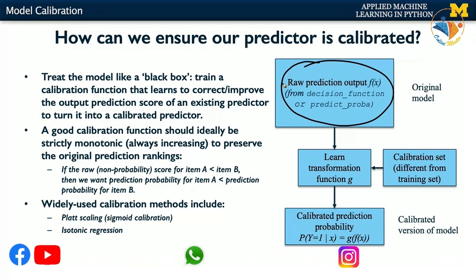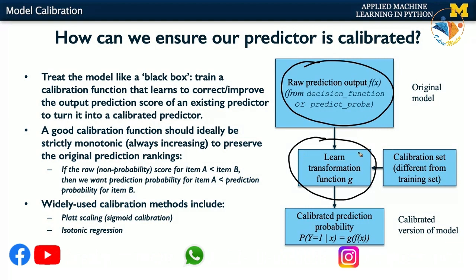So we have this original model. What we're going to do is take the output from the original model. So we're not going to modify the original model at all. We're simply going to take its output and learn a transformation function, let's call it g, that can turn the raw prediction output from the original model into a calibrated prediction probability.